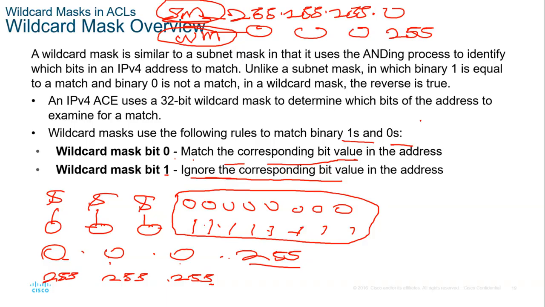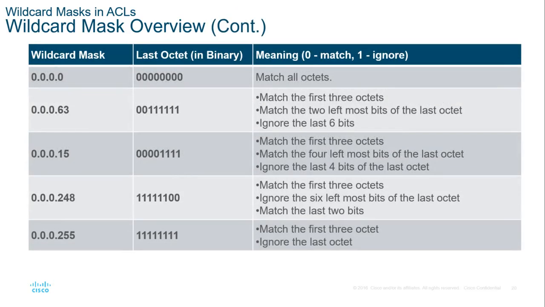If you're still confused on this, I advise you to go through the first two recordings, where I explained it. So here we have a sample of the wildcard mask: 0.0.0.0. If you have a network address like 192.168.1.0, then where we have the 0s, they have to remain constant.